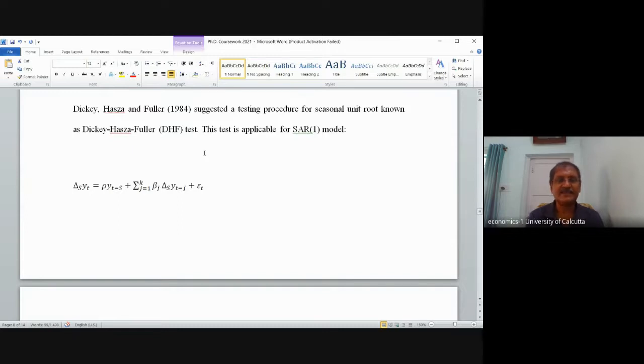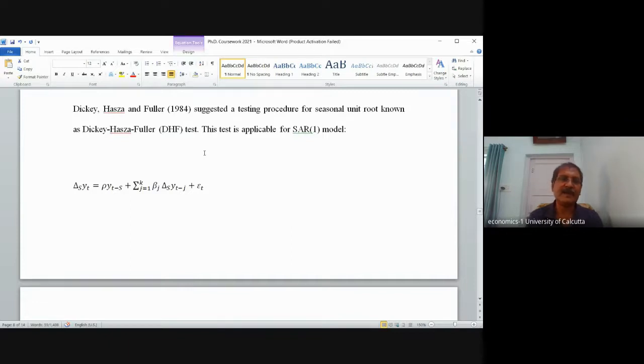Now try to express this augmented form for quarterly data. So for quarterly data, S is equal to 4. So what would be the expression for quarterly data? Delta 4 YT is equal to rho into YT minus 4 plus sum of beta J delta 4 YT minus J plus epsilon T, J is equal to 1 to K. What is K?